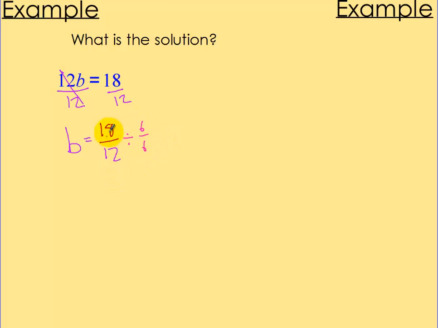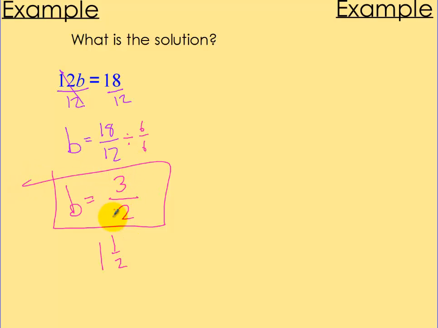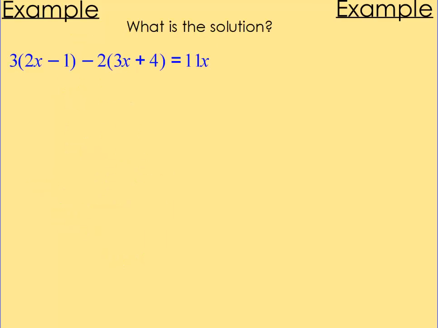So 18 divided by 6 is 3, 12 divided by 6 is 2. So your b equals 3 halves. You can rewrite that as 1 and 1/2 if you wanted to, but I'd just like to keep it as an improper fraction. Don't bother with the mixed numbers. It's good to know that though, but you don't have to right now.